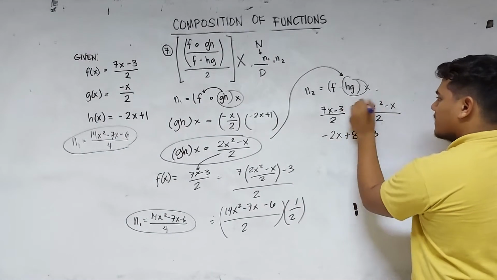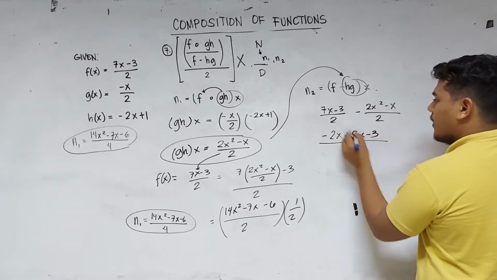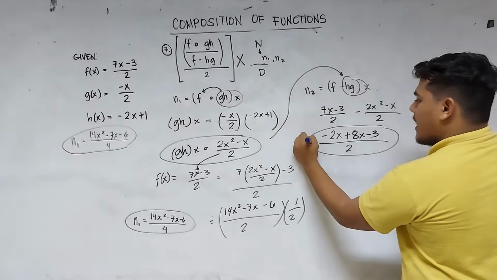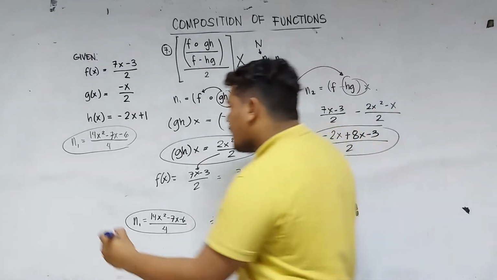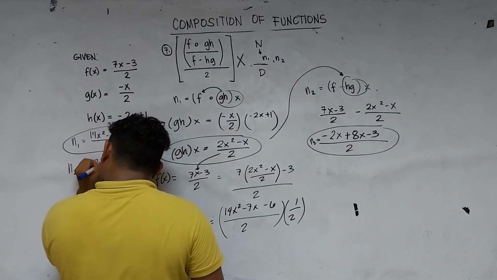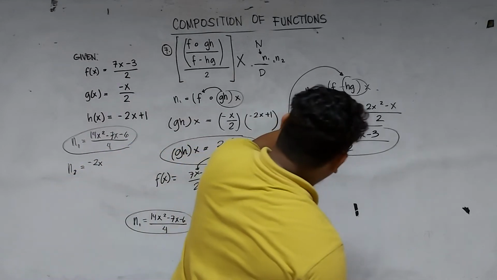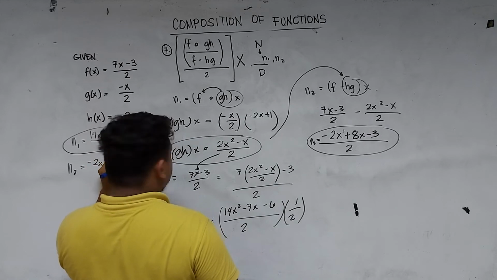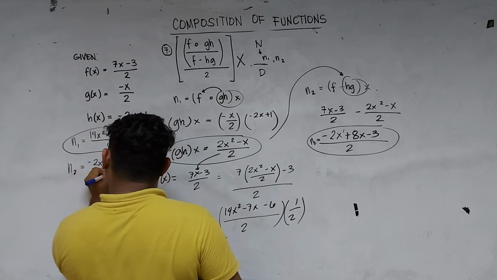Right? Negative plus. Very good. Continue over the same denominator. Now we already have our n sub 2. So another given: n sub 2 is negative 2x squared plus 8x minus 3 over 2.